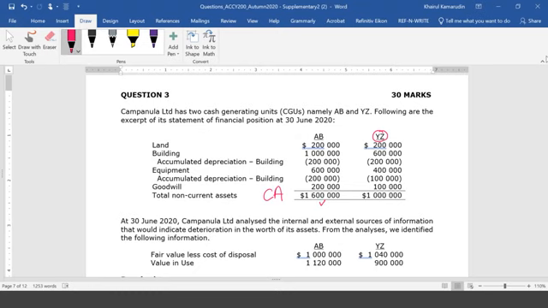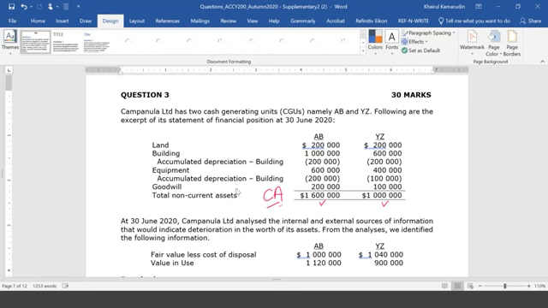Whereas for the second CGU, YZ, the total carrying amount for its assets is 1 million. So this is your CA.